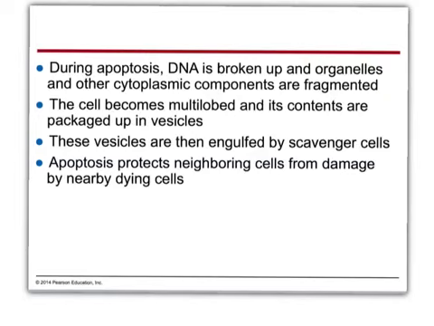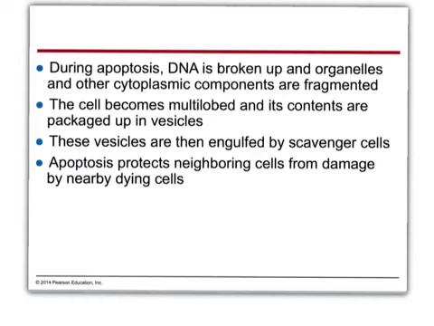And then other cells come by and clear out the stuff that's left over. So this cell undergoes apoptosis, breaks things into small fragments, that gets broken up in vesicles, sort of like put out in trash bags, and then a scavenger cell comes by and cleans up all the garbage. It is a protective mechanism to protect other nearby cells from further damage.